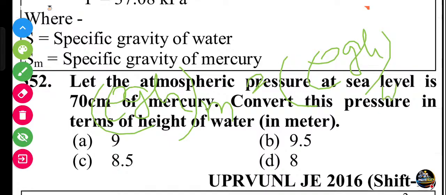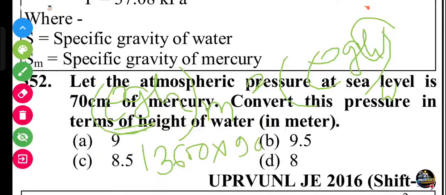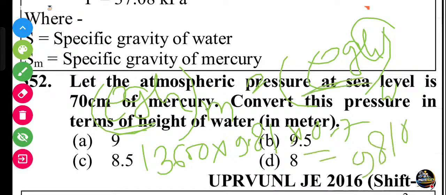Here the mercury height is given and the water height is calculated. Rho g is the specific weight, so 13600 into 9.81 into 0.7 equals 9.81 into 1000 into h. If you divide, you can easily get the answer.